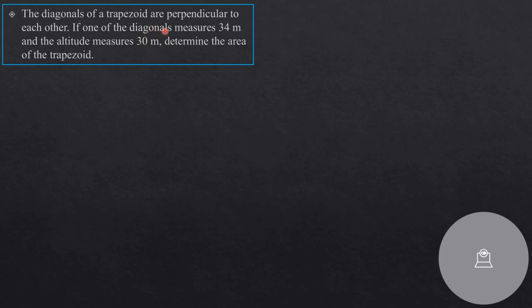And since the angle between the diagonals is 90 degrees because they are perpendicular and sine of 90 degrees is 1, the area of the trapezoid reduces to 1/2 of the product of the diagonals. The derivation of that is also in plane trigonometry. You just look for that derivation so that you will be convinced that that's the area.